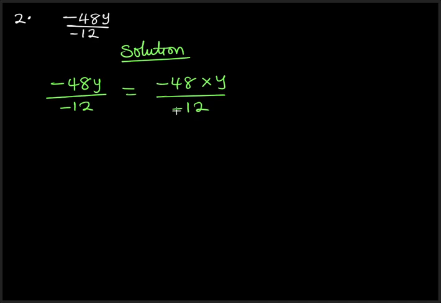Minus divided by minus will cancel. Our answer will give us plus. And then 12 here, 1, 12 into 48, that will give us 4. So our answer will be plus, because minus divided by minus is plus. So plus 4 times y will give us plus 4y, which is equal to 4y.